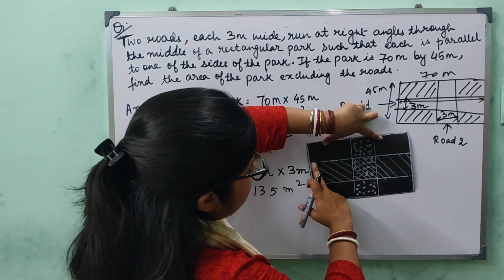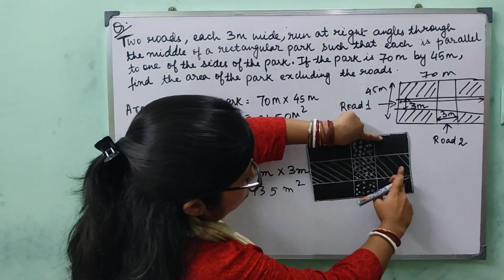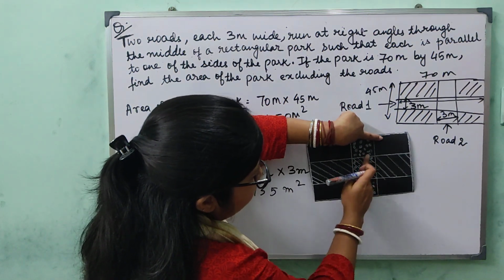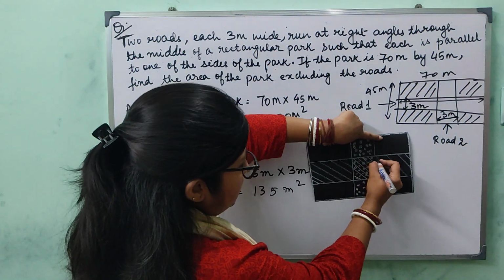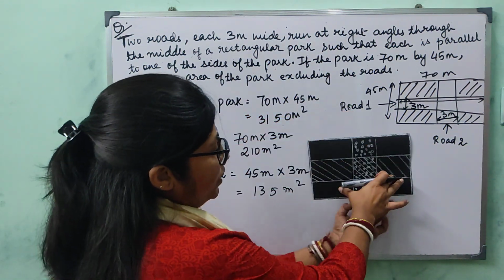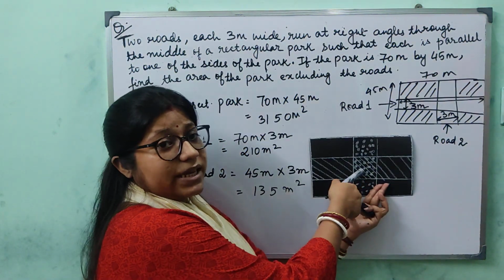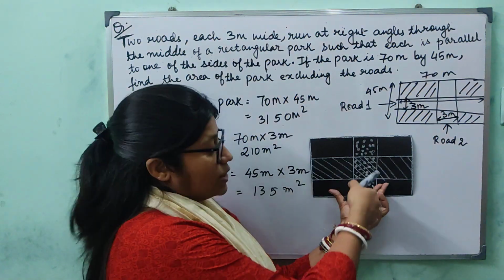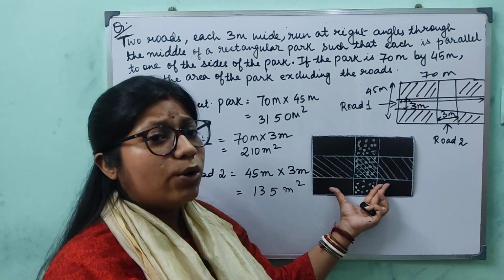Now road 1 and road 2 have this portion common to both. This interior portion over here is common to both. You can see the figure itself is telling you there are stripes as well as dots. That means that portion is common to both the roads.